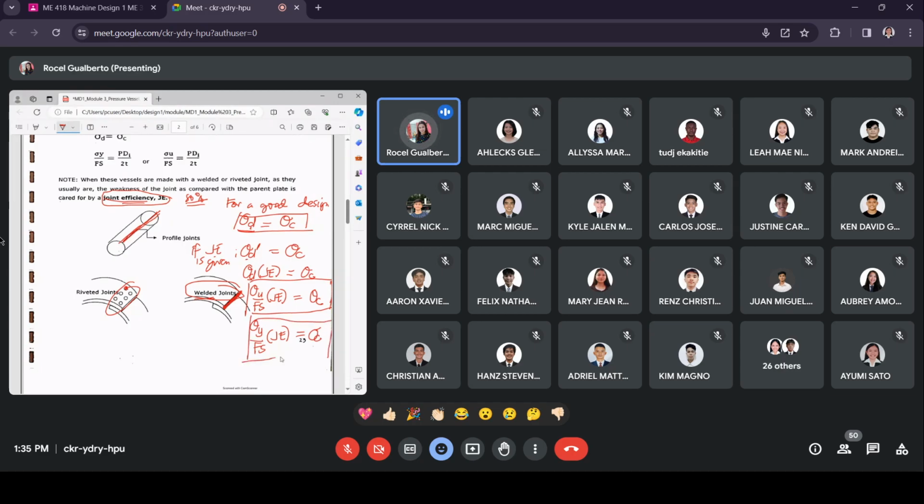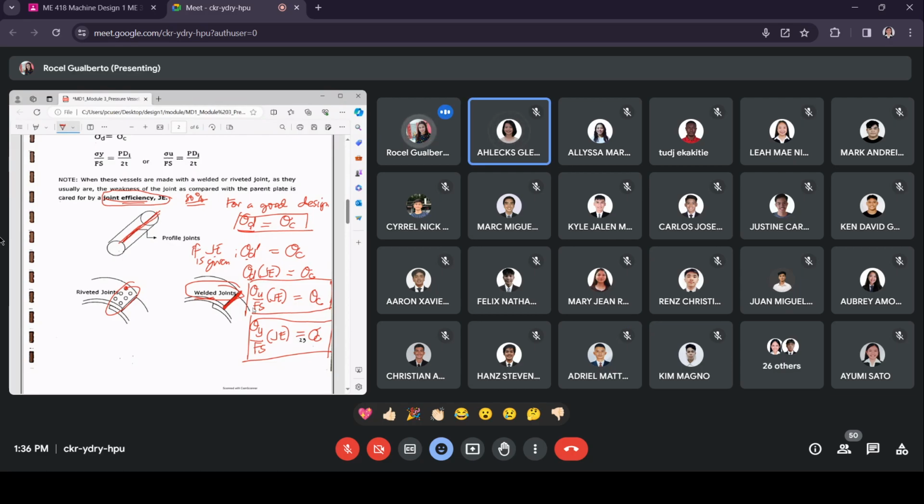Again, what is sigma sub c? This is your circumferential stress, PD over 2T, used only if you have a thin-walled cylindrical vessel. Naintindihan po ba?